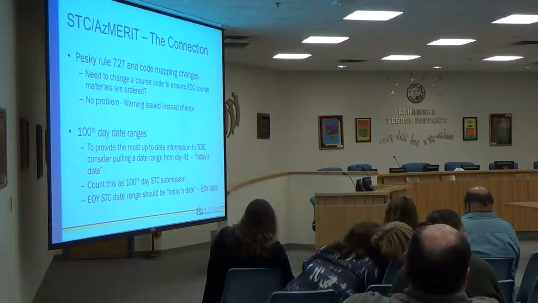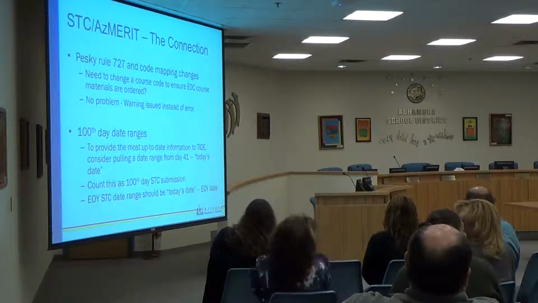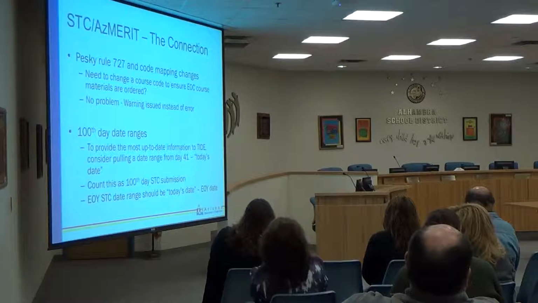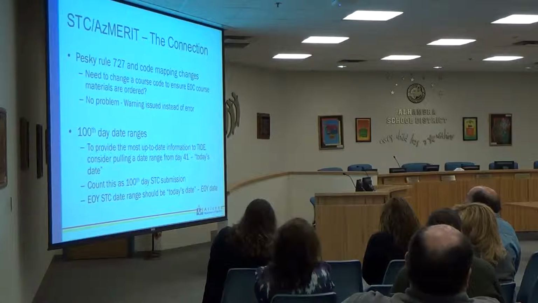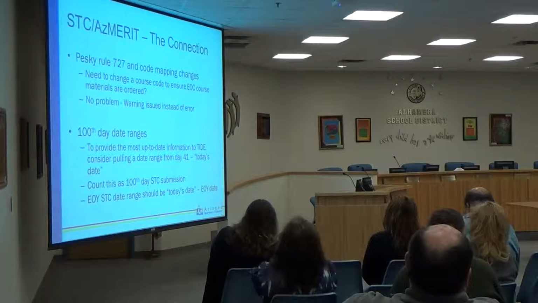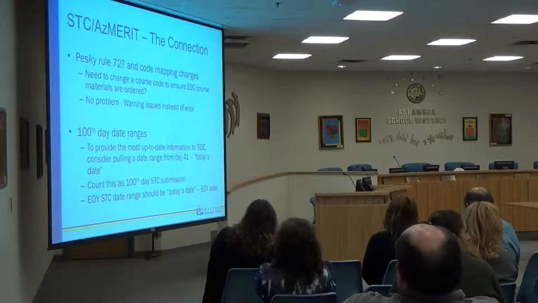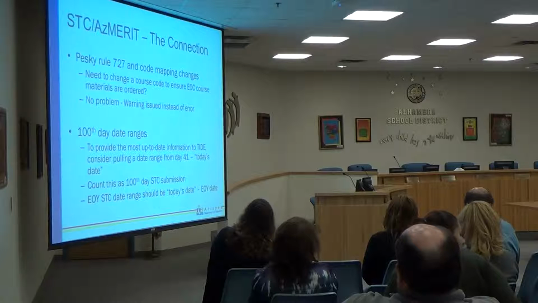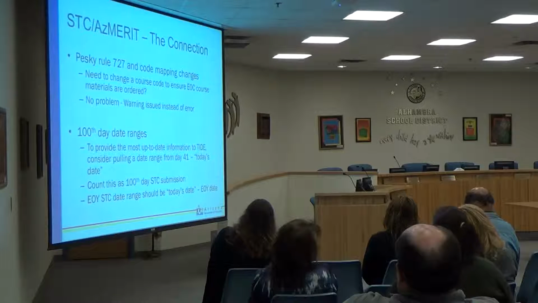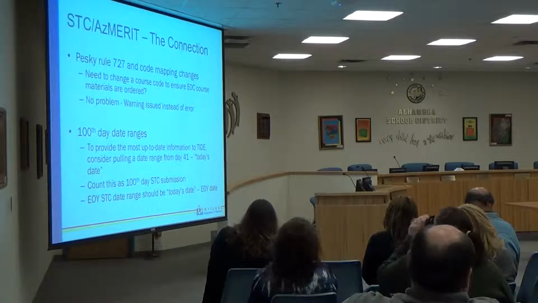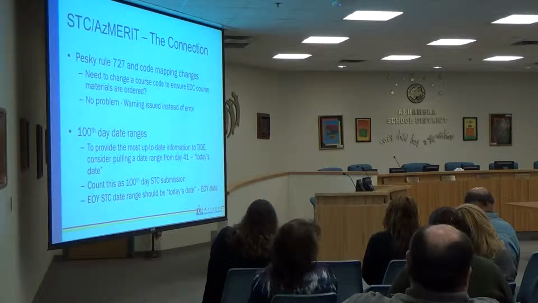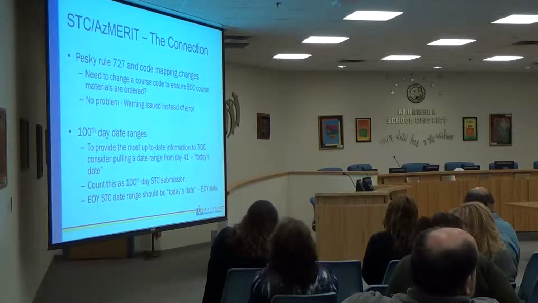So if on 40th day you submitted and certified with 51 as the course code, and now it is an AZ02 course code, if our logic was right, we should have issued a warning instead of an error. Now, I was finding that there were a lot of, did anyone experience that success?